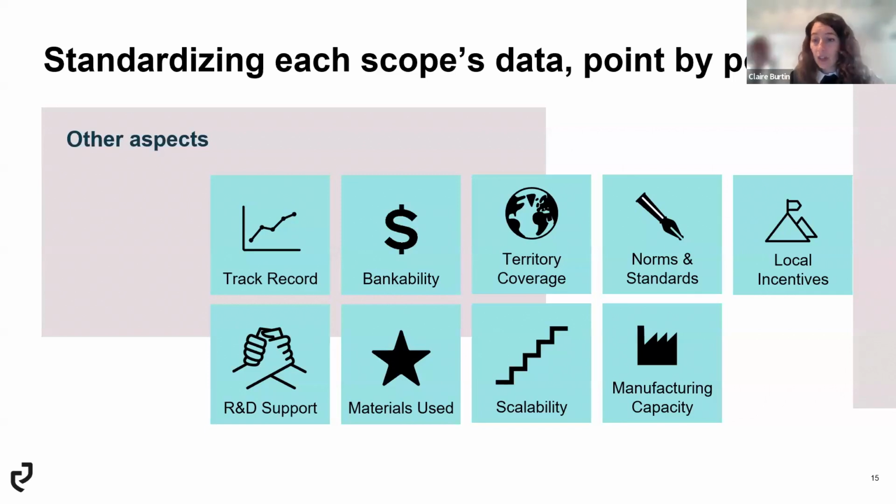And finally, you have local incentives. There are now a lot of countries that have published support for hydrogen production. So you need to account for these local incentives in your model. In Europe, there are the 3 pillars. In the US, we have the 45V.